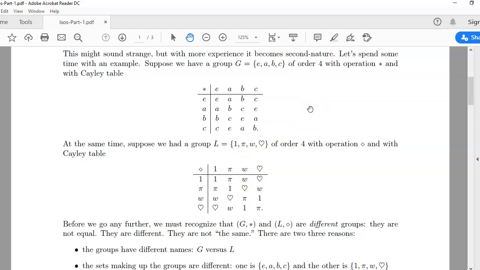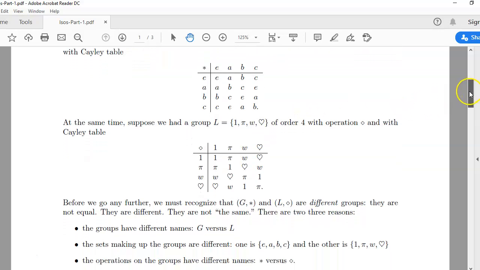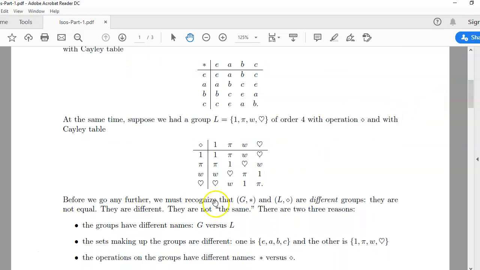So before we get any further, let's agree that these two groups are different. They are legally not equal. They are unequal, they are different, they are not the same group. And here are 3 reasons why. First of all, the groups have different names. One of them I call G, and one of them I called L. The second thing, this is much more substantial: the sets making up the groups are different.